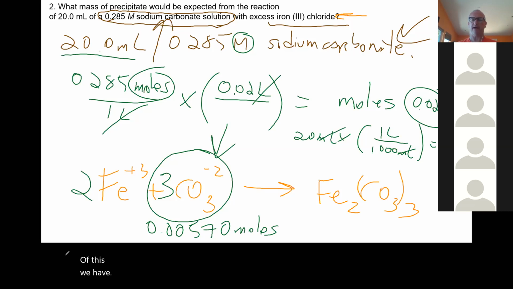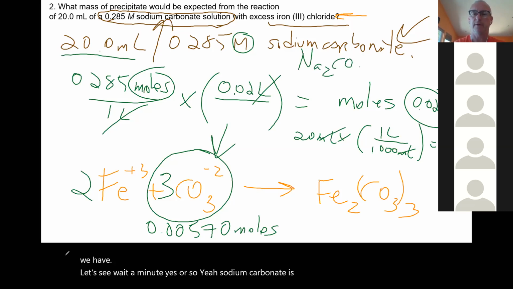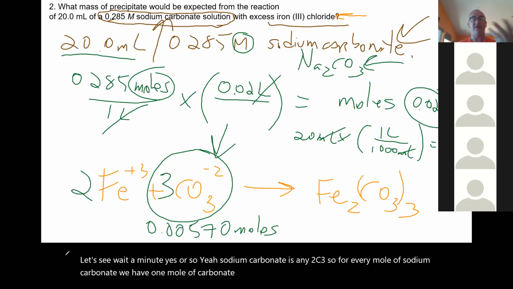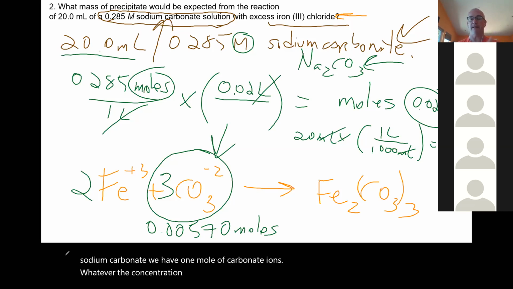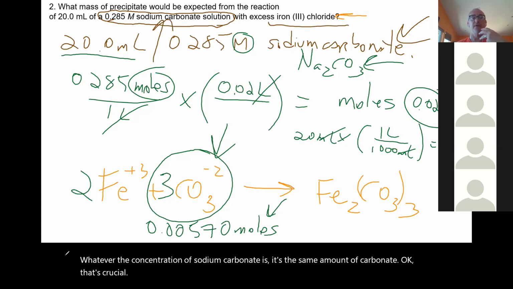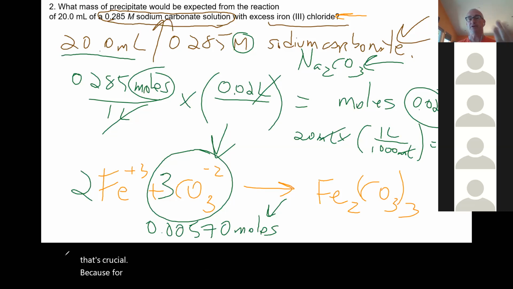Oh, wait a minute. Yes. So our sodium carbonate is Na2CO3. So for every mole of sodium carbonate, we have 1 mole of carbonate ions. So whatever the concentration of sodium carbonate is, it's the same amount of carbonate. That's crucial because for other solutions, we may have, for instance, aluminum carbonate.